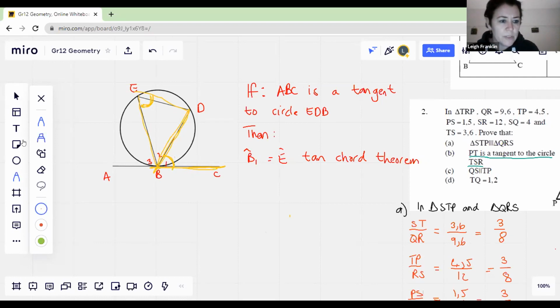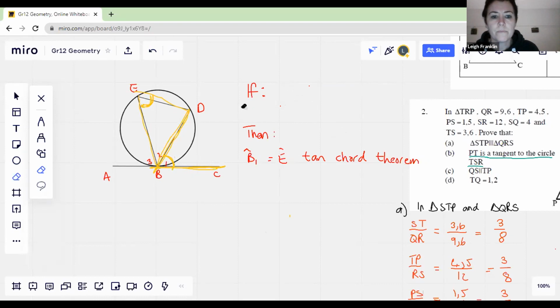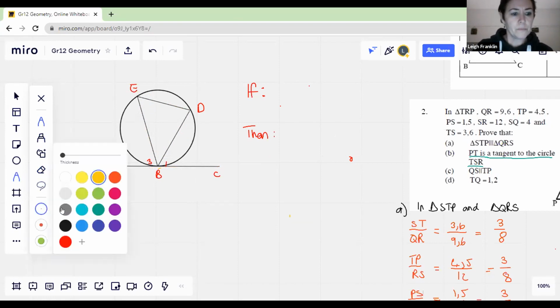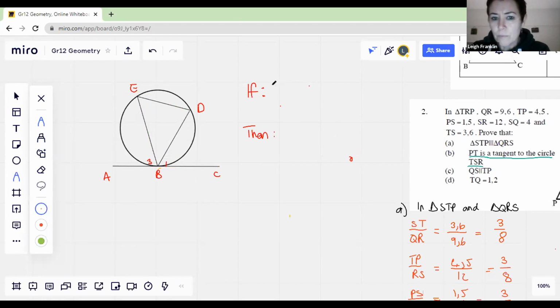Okay, so now what I'm going to do is I'm going to rub this off. Ma'am, can I ask a question? Yes, Bartley. Ma'am, is it correct to give a reason saying exterior is equal to opposite interior?